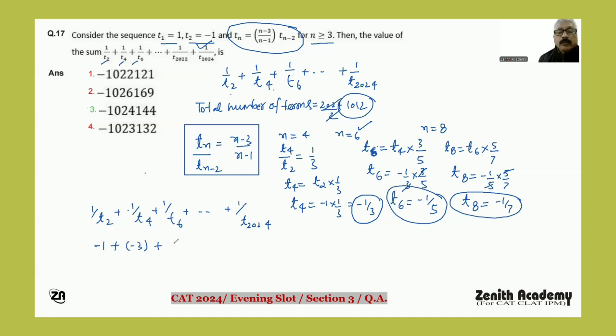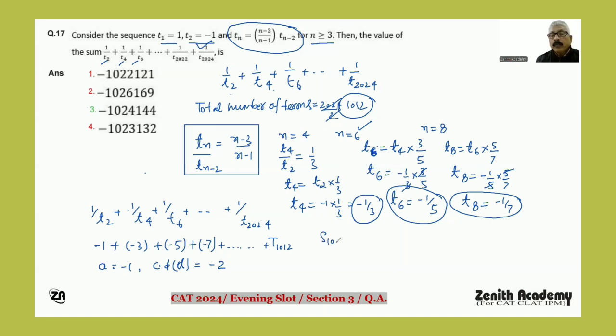So 1 upon T6 is minus 5. T8, 1 upon T8 will be minus 7. So I think now you can notice that it is an arithmetic progression where the first term is minus 1 and the common difference d is minus 2. You got it? So now the nth term is what?